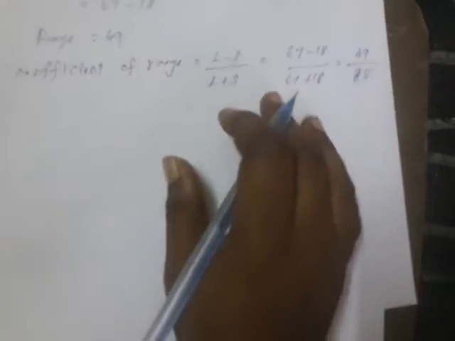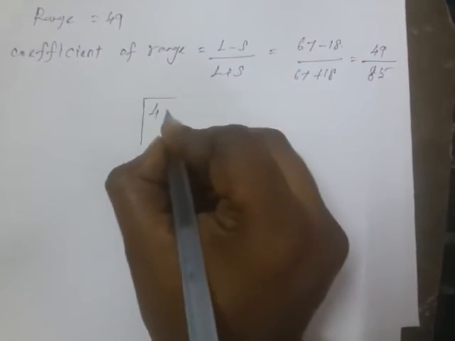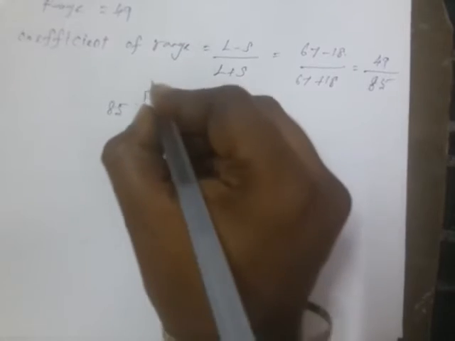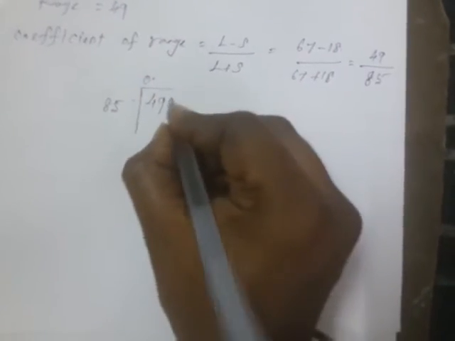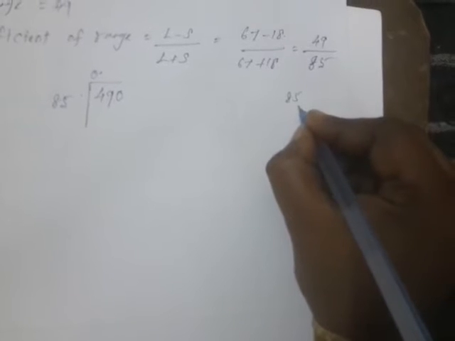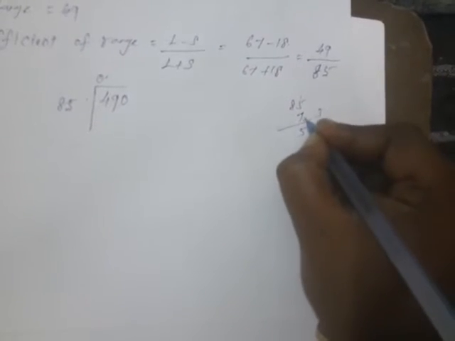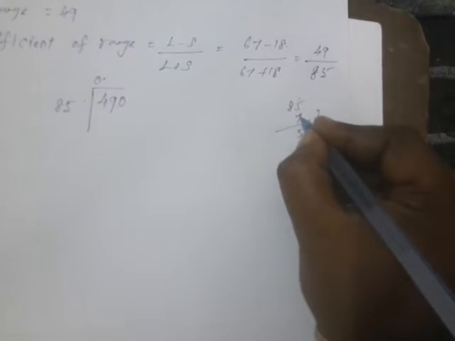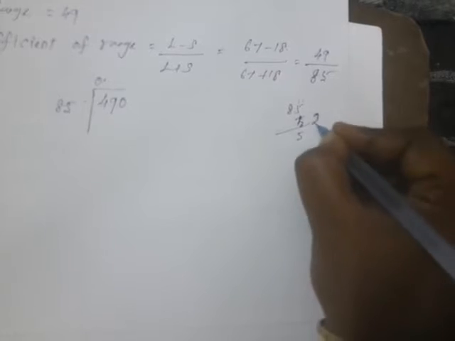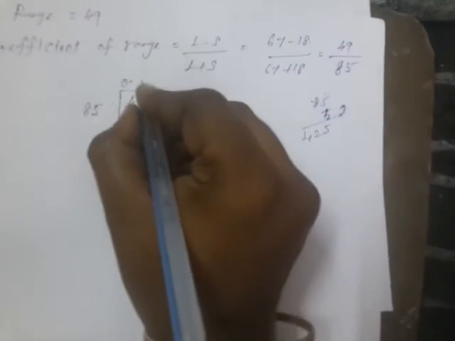Okay, you have to do the division. 49 you write inside, 85 you write outside. It is not divisible, so put a point and add a 0. How many times will it come? 5 times: 5 fives are 25, remaining 2, and so on.